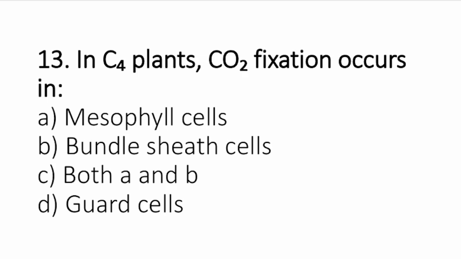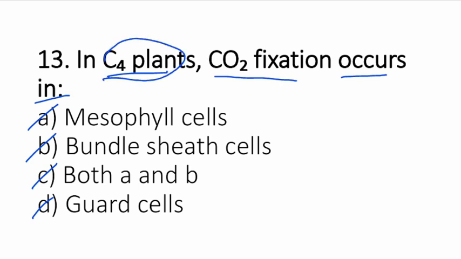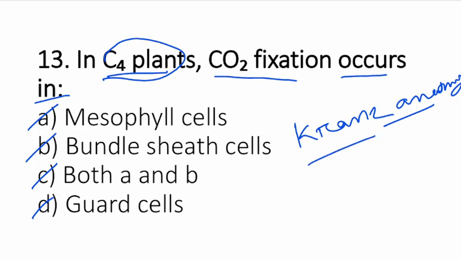The next question is, in C4 plants, CO2 fixation occurs in which of the following cells? Options are mesophyll cell, bundle sheath cells, both B and C, or guard cells. In C4 plants, we have seen there is a special mechanism known as Kranz anatomy. Kranz anatomy is basically a layer of cells that covers the vascular bundle, and this vascular bundle is the site for CO2 fixation.